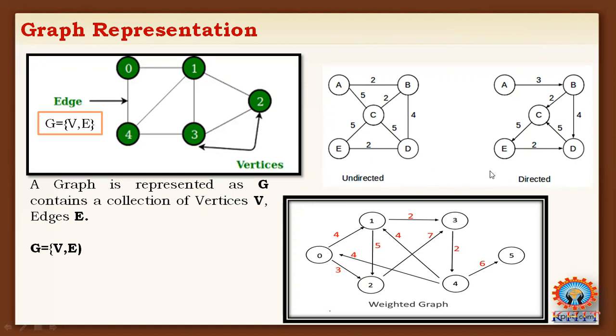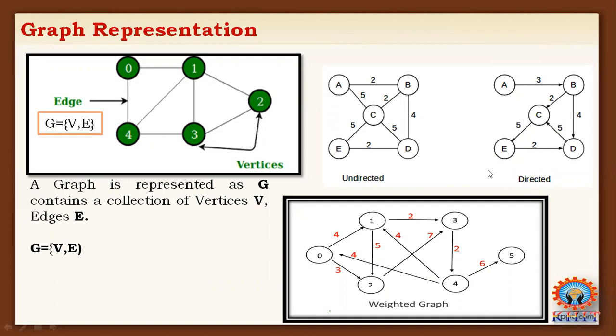The main difference is the clear identification of source and destination. If you consider the undirected graph, there is no possibility of considering source node and destination node. Why? Because here you can move from A to B or B to A.